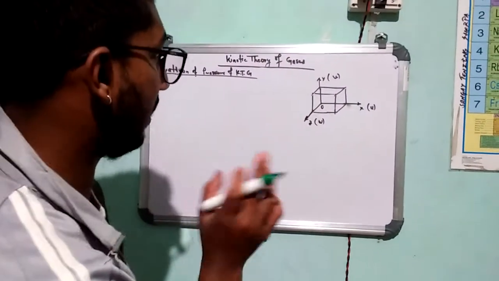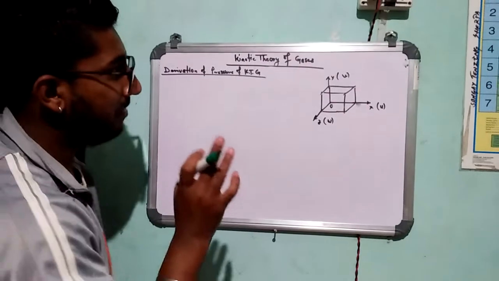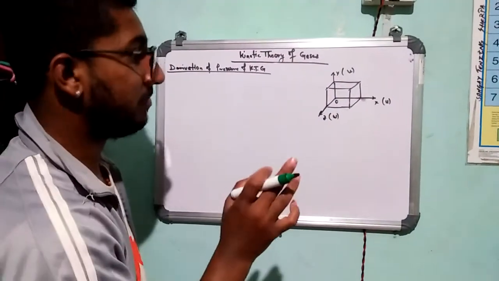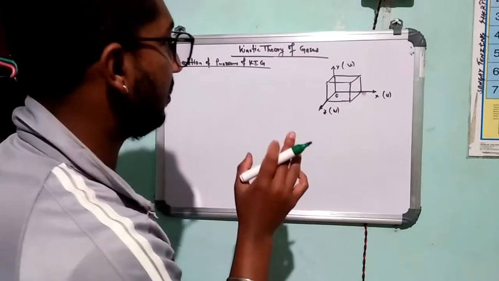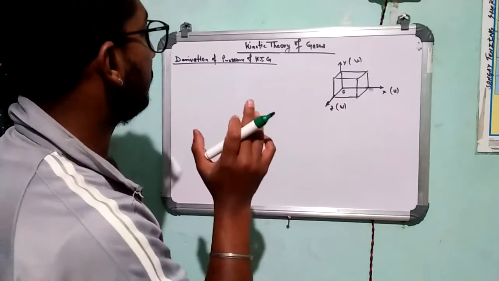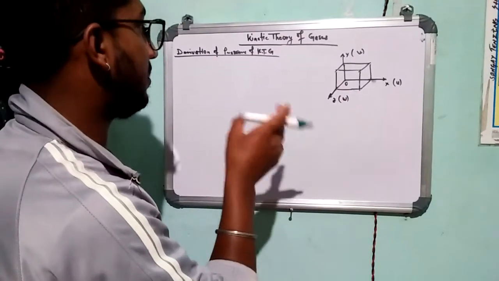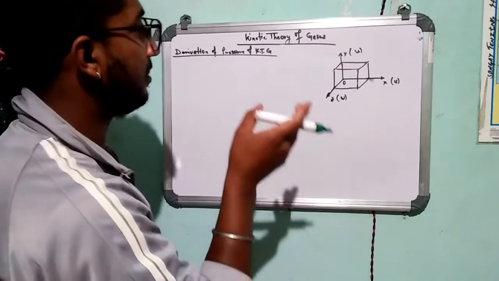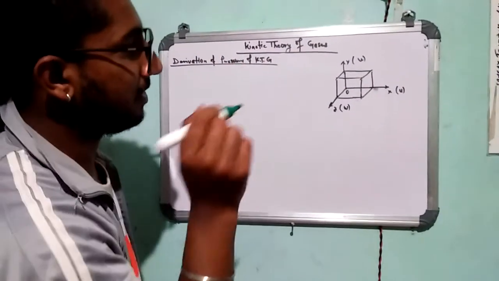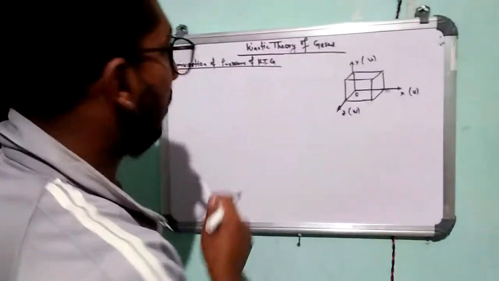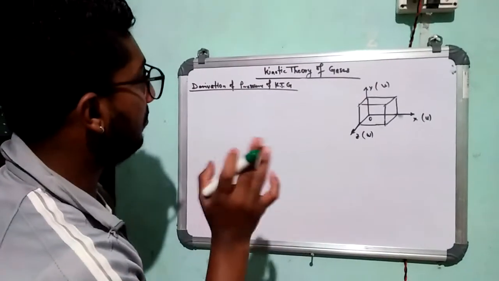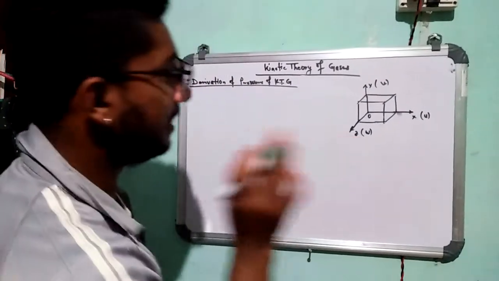It is very necessary to derive the pressure of kinetic theory of gases, which is asked in each and every semester of the BSc syllabus, whichever semester the kinetic theory of gases is considered. So now I will tell you how to derive the pressure of kinetic theory of gases.